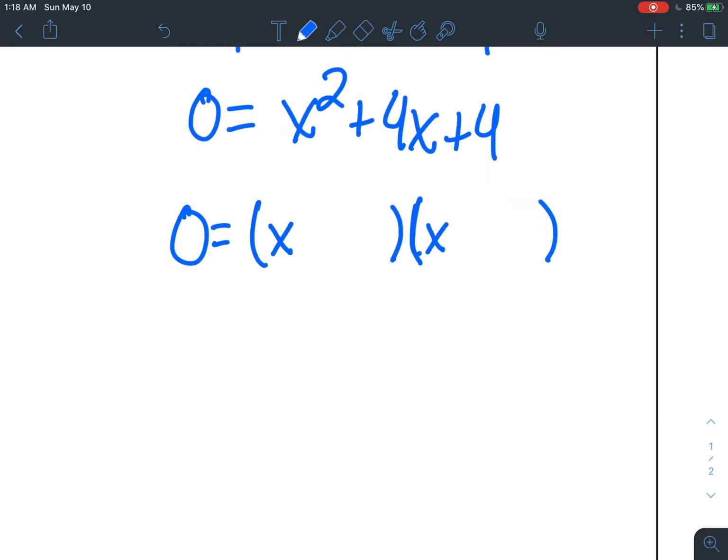So now I'm looking for what two things multiply together to give me 4, but add up to 4. Because again, I always want to multiply to get this last term, add up to this middle term. So 2 times 2 is 4, 2 plus 2 is 4. So x plus 2 times x plus 2 is how I would factor that particular polynomial.